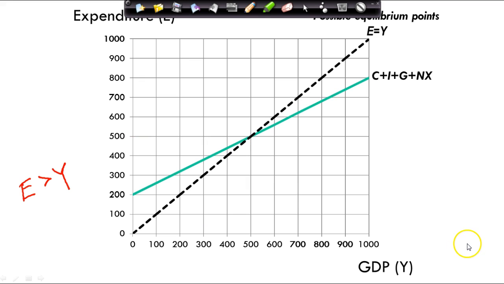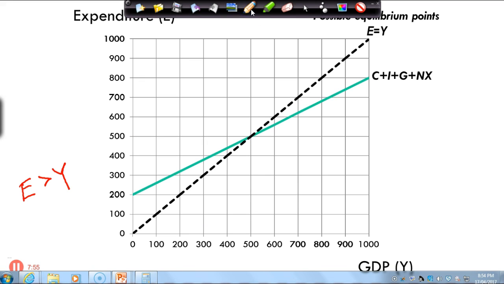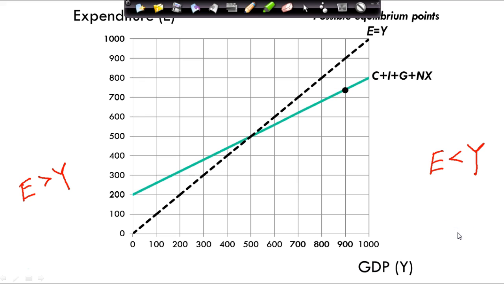What if, on the other hand, we had a situation where expenditure were less than income? Or in other words, a situation where total production was greater than the expenditure on the goods and services produced, such as this situation.